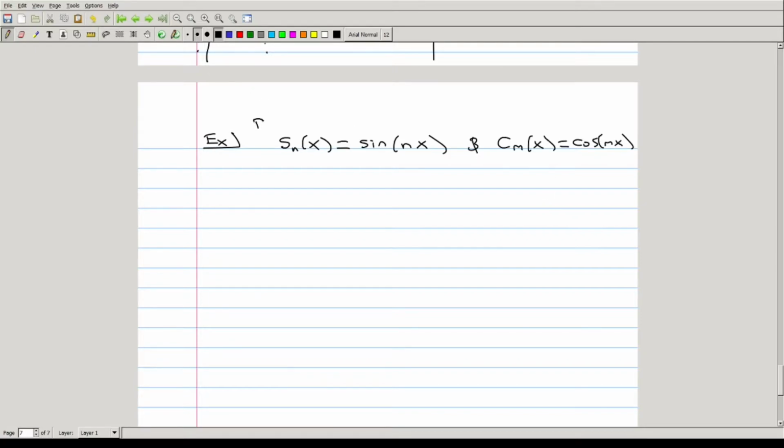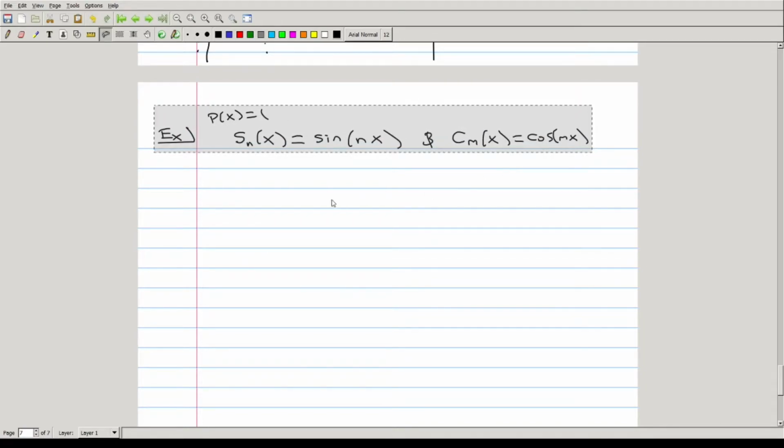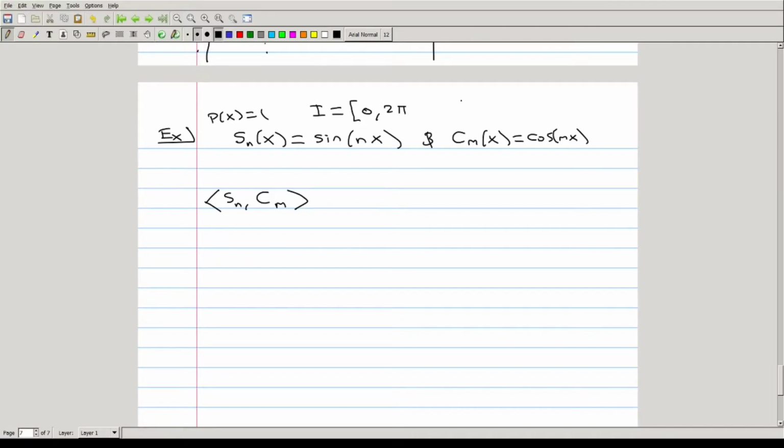We'll also set the weighting function to be equal to 1. So the inner product of Sn with Cm. And we'll also choose our interval I. Actually, let's choose it to be from negative pi to pi.